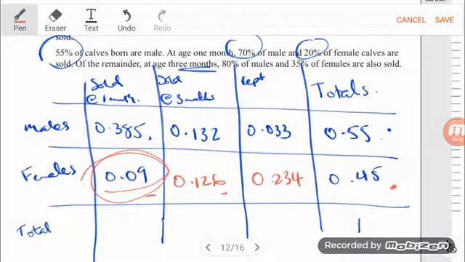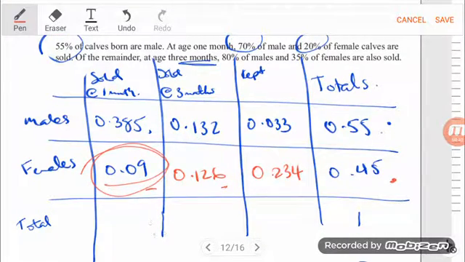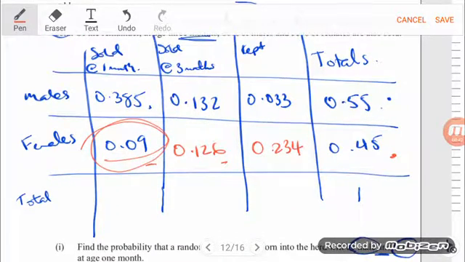Okay, now these totals in here will not equal 1, and we don't want them to.